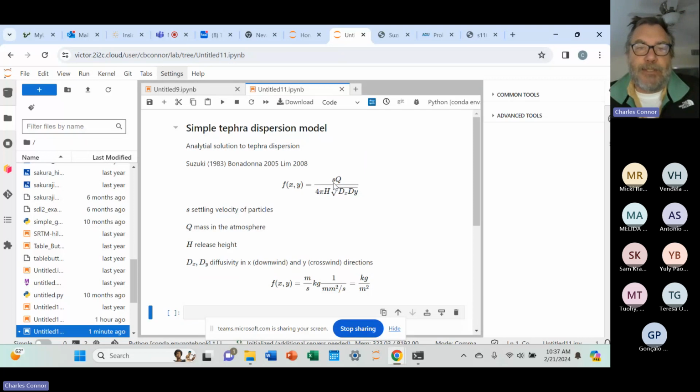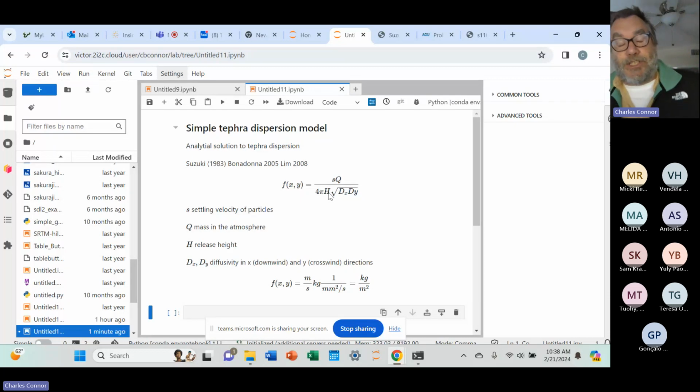So the concentration is going to depend on the settling velocity. And then that's divided by the height. So we've got a ratio here of settling velocity to height, which is sort of the soul of a lot of tephra dispersion problems, right? The higher settling velocity is going to influence the amount concentrated in a particular spot.